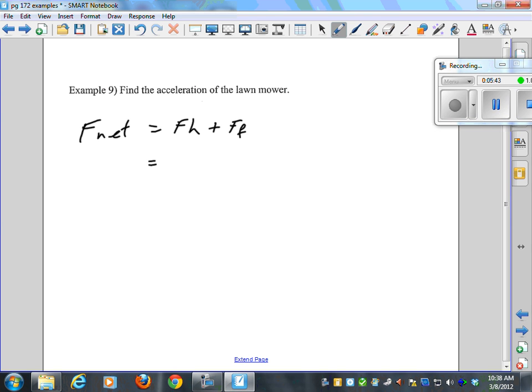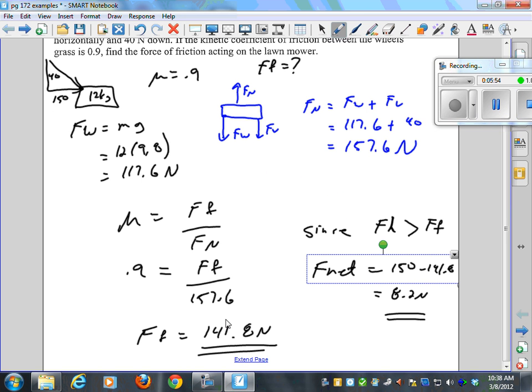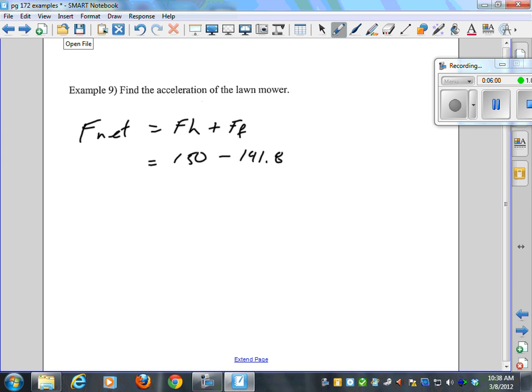The horizontal component was 150. I subtract that 141.8. Did I get that right? 141.8. So I get a net force of about 8.2 newtons.